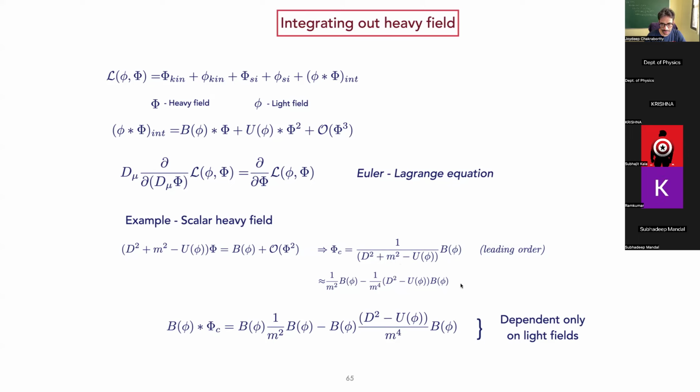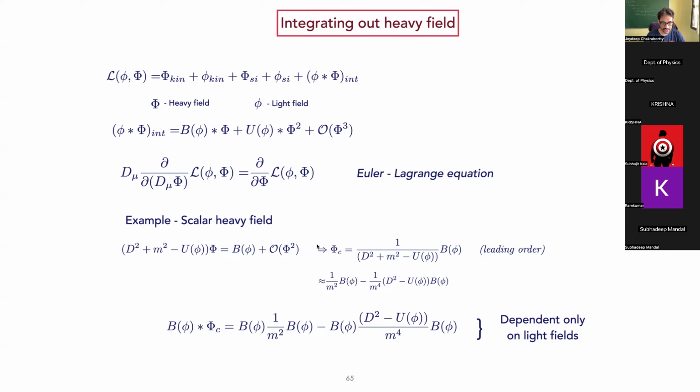You can certainly have more terms, 1/m^6, 1/m^8, and so on, but we can truncate here. Depending on which dimension operator you want to generate, you truncate this phi_c there. Then you plug that phi_c into this Lagrangian, and from there you can compute the effective operator.